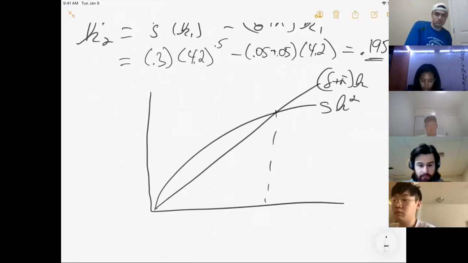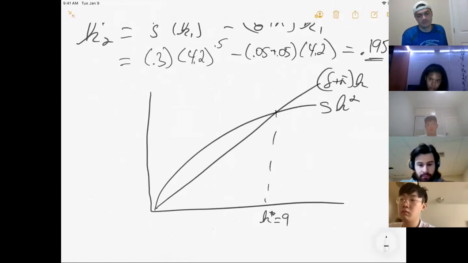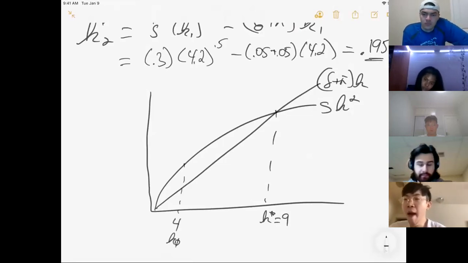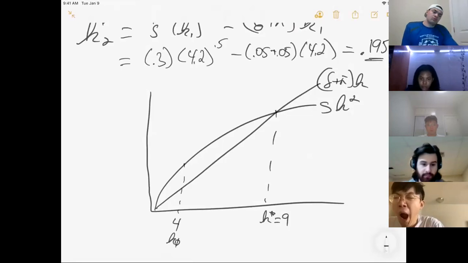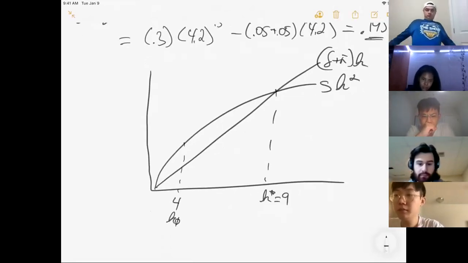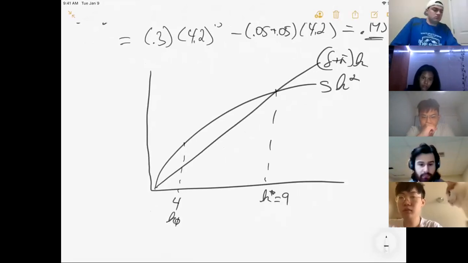What did we find? K star is equal to 9, right? What was K0? 4. What should be true about K dot in period 1?